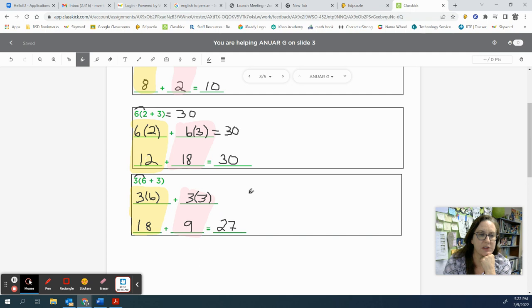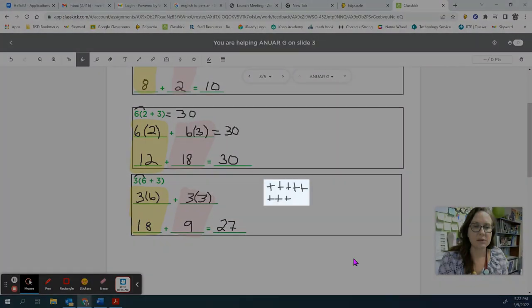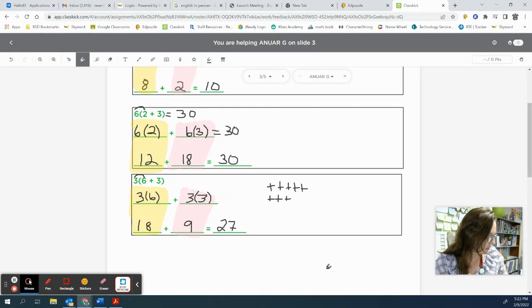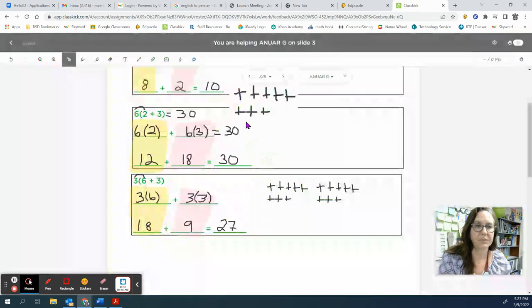And if I wanted to draw this out, I would have 6 pluses plus 3 pluses. So this is my grouping, right? And I have 3 of those. So I'm going to cut that, and I'm going to paste another one.